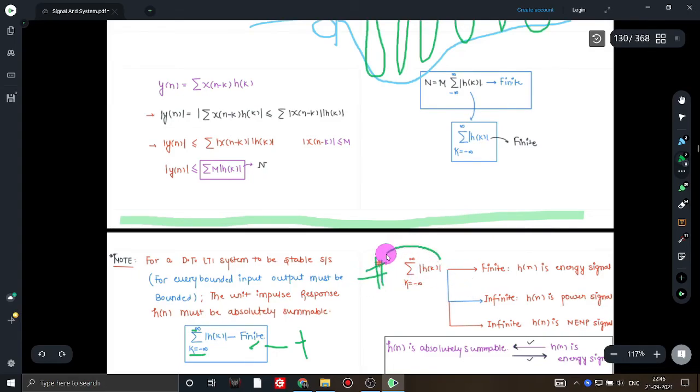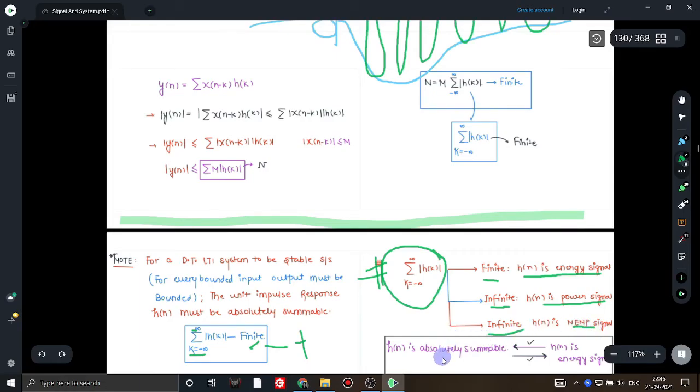If this summation from k equals minus infinity to infinity of modulus h[k] comes out to be finite, then h[n] is an energy signal, and if it comes out to be infinite, then h[n] is a power signal, and it could also be a non-energy non-power signal.